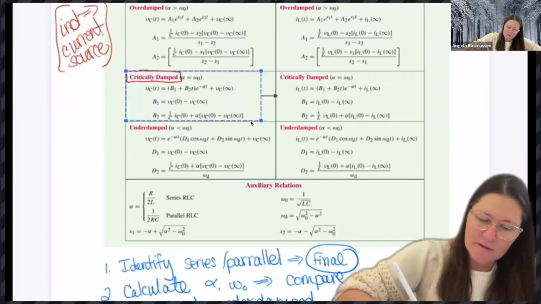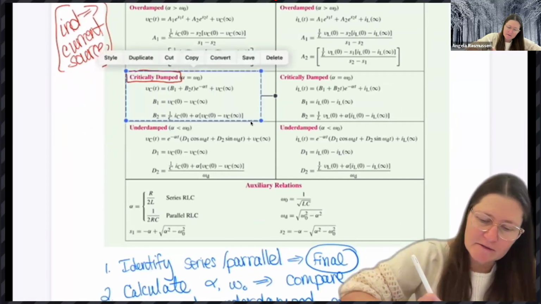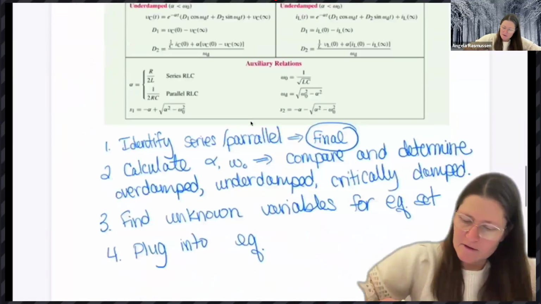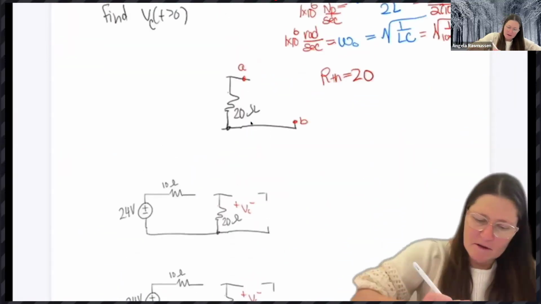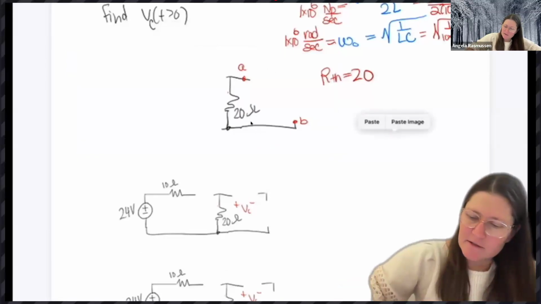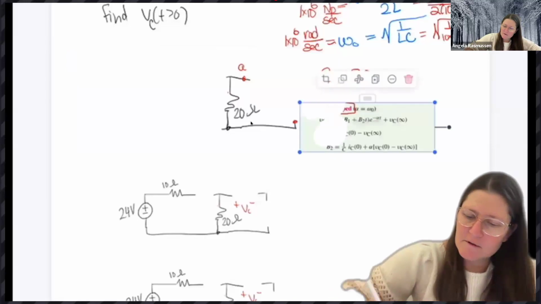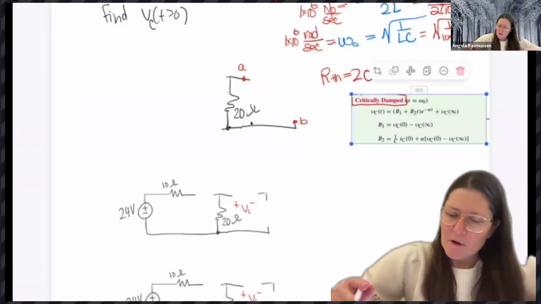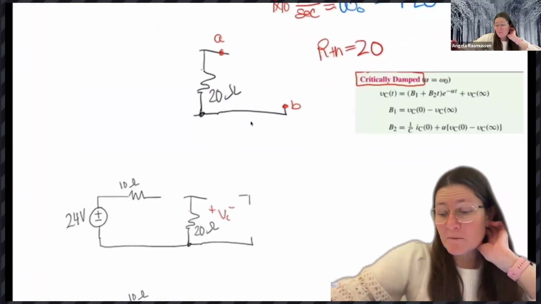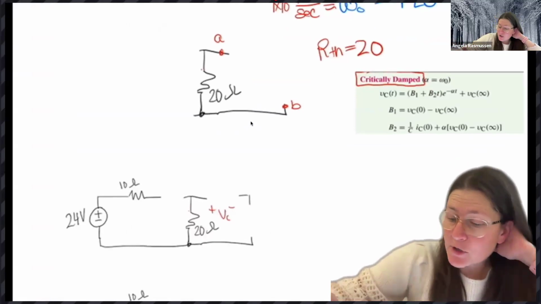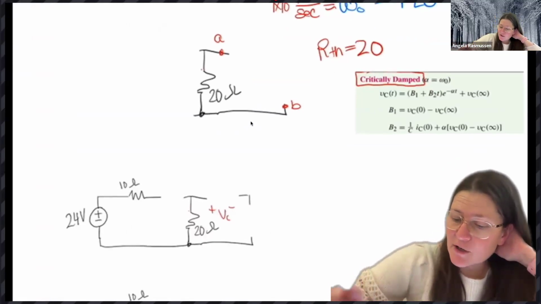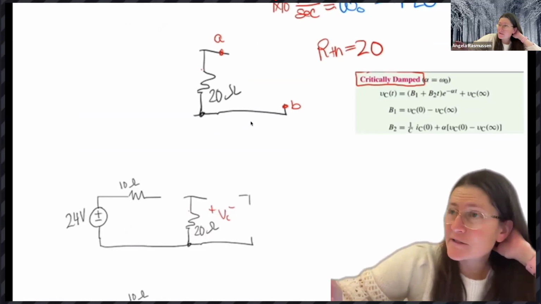So we're going to use this set of equations. And now we need to find B1, B2, alpha we know, VC of 0, VC infinity, and then IC of 0.